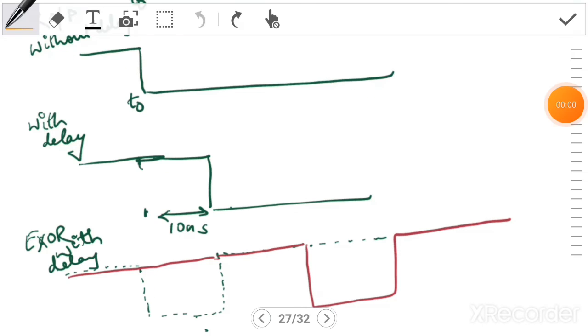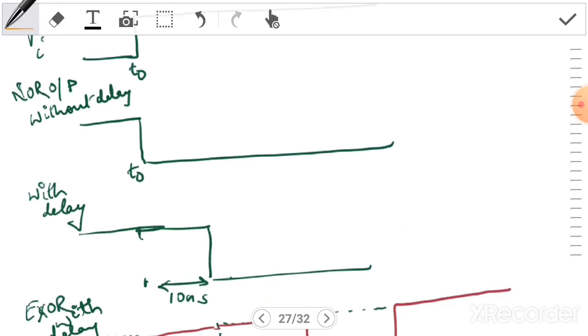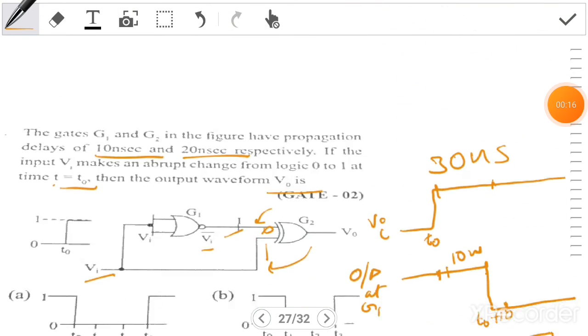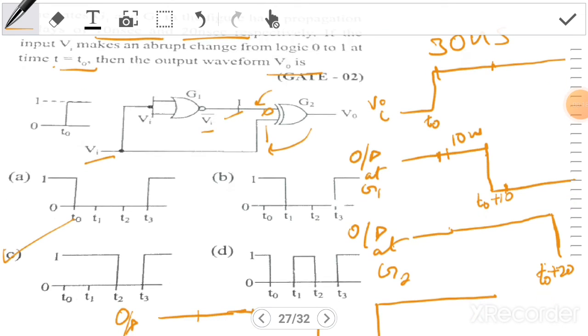So here the total delay is 20 nanoseconds. Through a timing diagram it is easy to find the exact delay corresponding to each gate. So the answer is C. Let's go to the next problem.